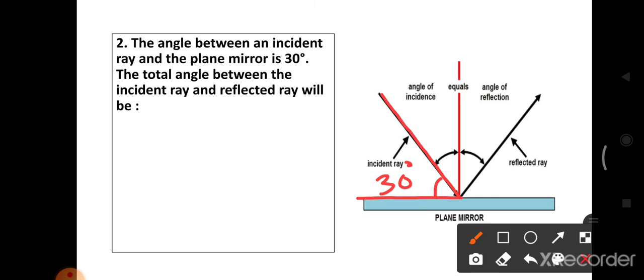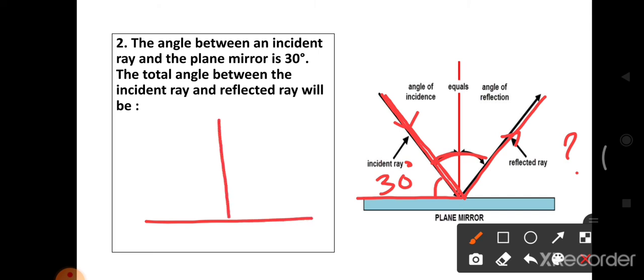The total angle between the incident ray and the reflected ray will be. So this is an incident ray, this is a reflected ray. So this is the total angle between the incident ray and reflected ray. So what is that angle? You know that if you take a plane mirror, this is a normal line. So it makes a right angle, 90 degree.